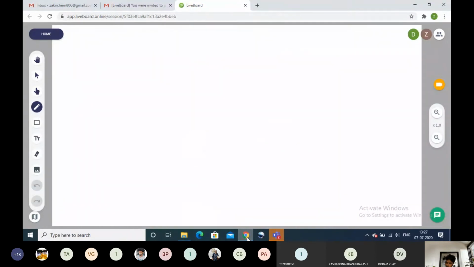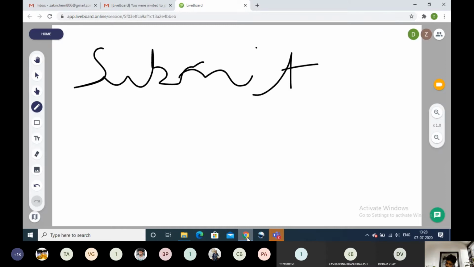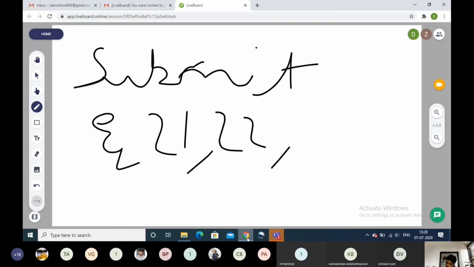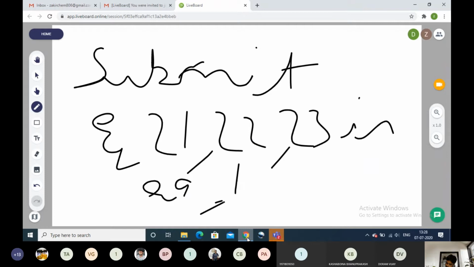So now we have to substitute equations 21, 22, 23 in equation 16. Okay, this is the operation.